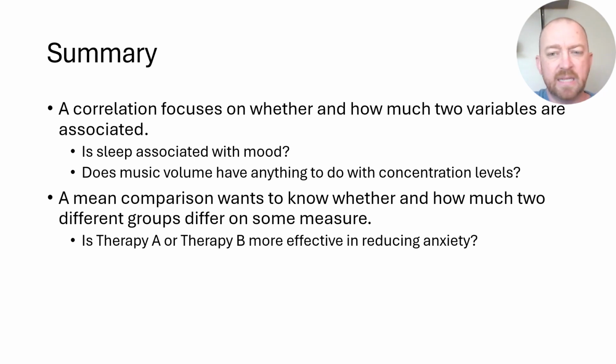A correlation can't answer that question because a correlation would simply say, how much is therapy A associated with anxiety? And this doesn't exactly work anyway because that would be a binary variable, which therapy works. There's really two levels, therapy A or therapy B, and then anxiety levels, we would imagine we're measuring that on some continuous measure. Because it's asking which one is different, we're contrasting two levels of the therapy variable across another measure, which is the measure of anxiety.